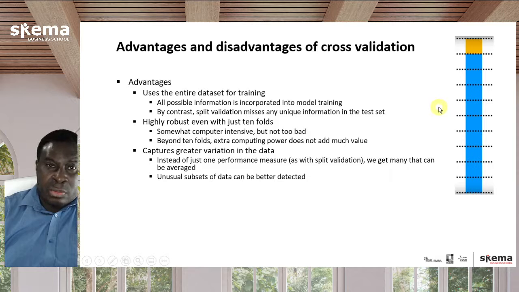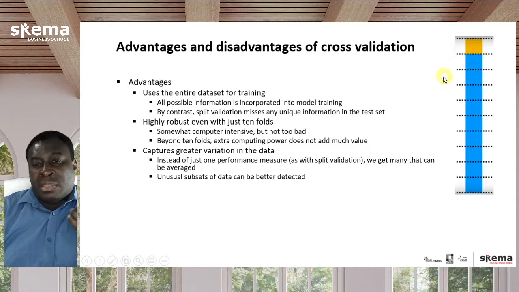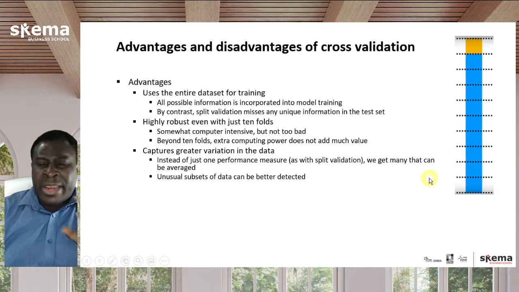It might be a little bit more robust to outliers. If there are outliers in some partitions, they won't show up as much when you go through them. If there's any unusual subset of the data, it's better detected because eventually it goes through various splits of the data and analyzes them in that way.